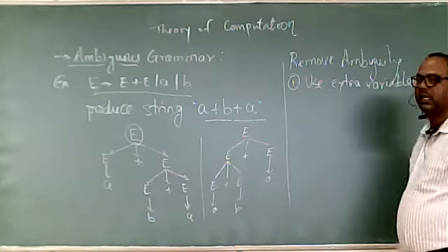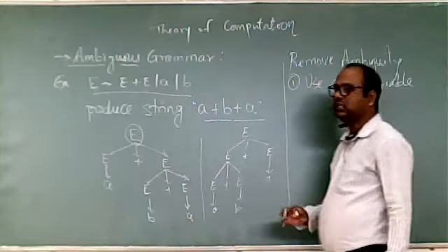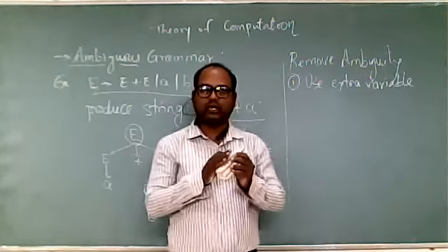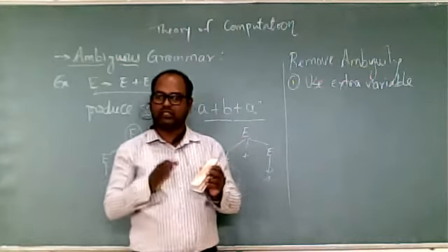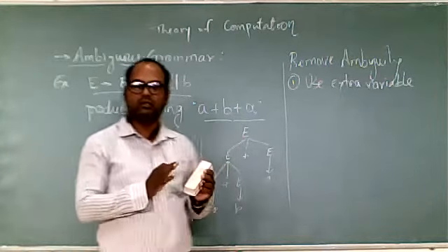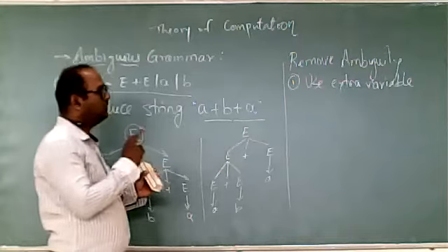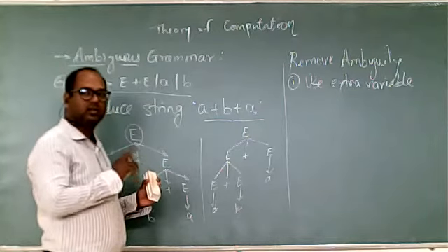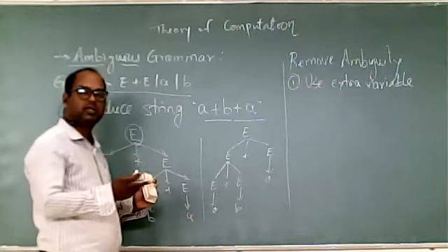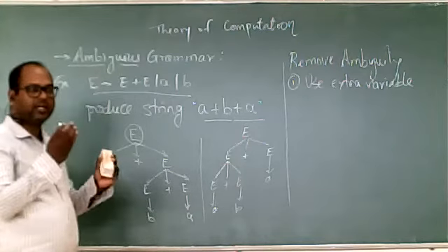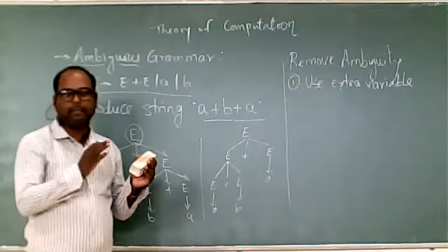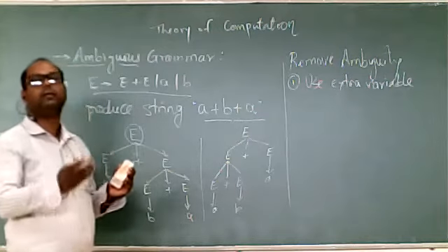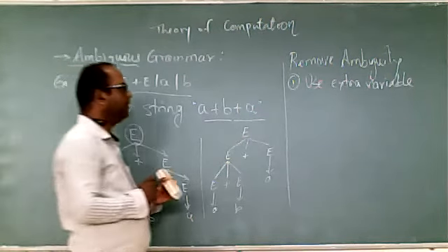That extra variable should not have two different, similar productions. We have to take care of that, otherwise the grammar will again become ambiguous. While taking the extra variable, we will take care that it removes the ambiguity.